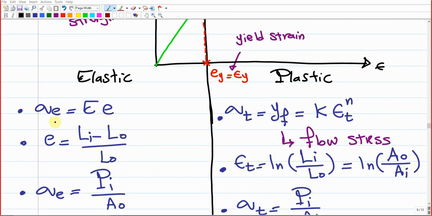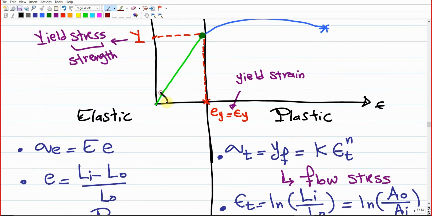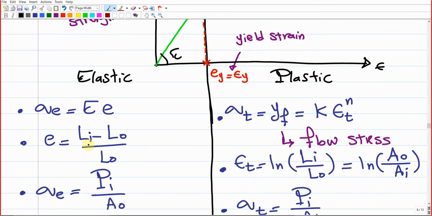We said that the engineering stress is E times e, where the uppercase E stands for the Young's modulus or elastic modulus of the material, which is the slope of this line, and e is the engineering strain, which is Li, the instantaneous length, minus L0, over L0.